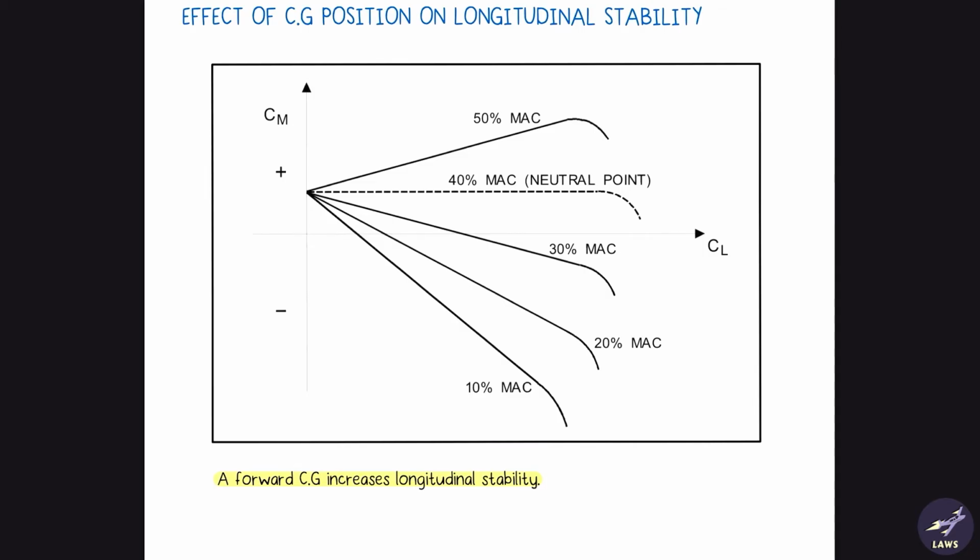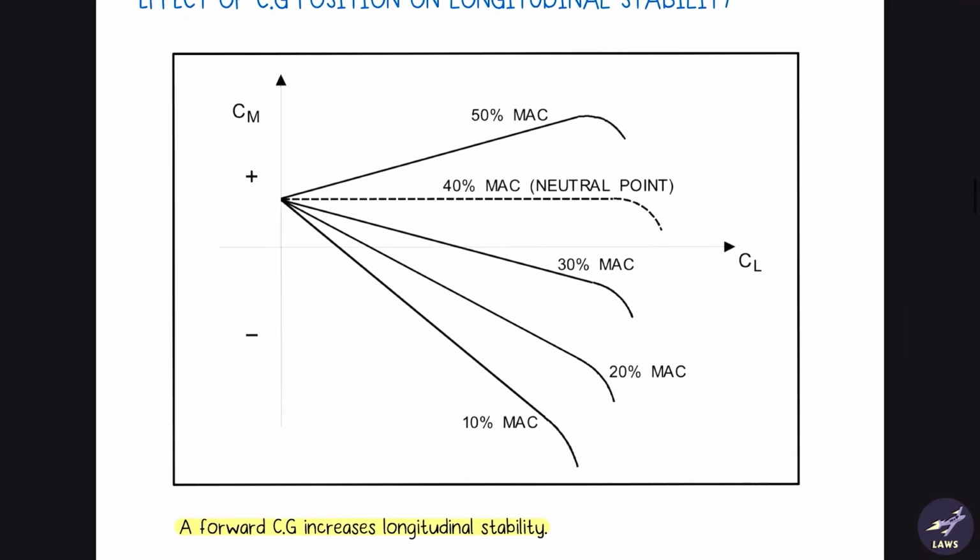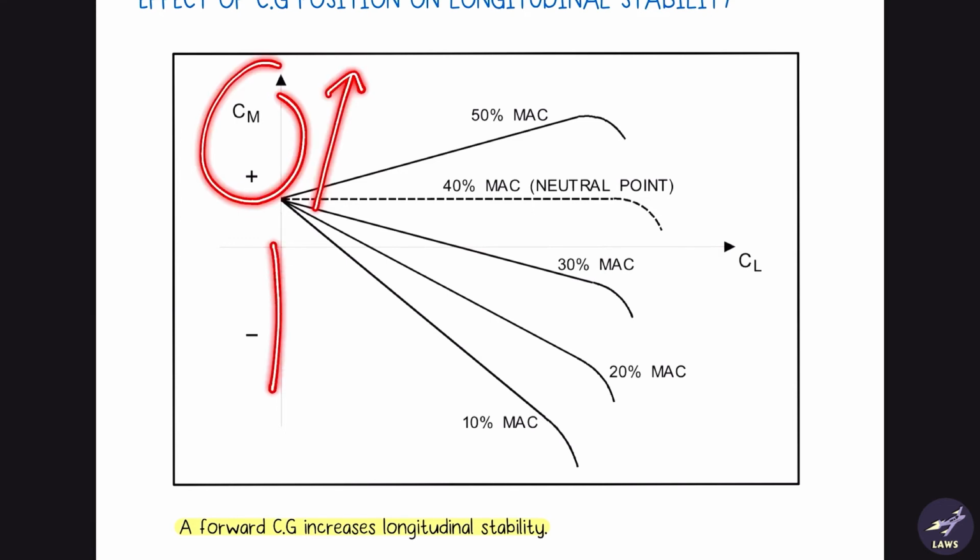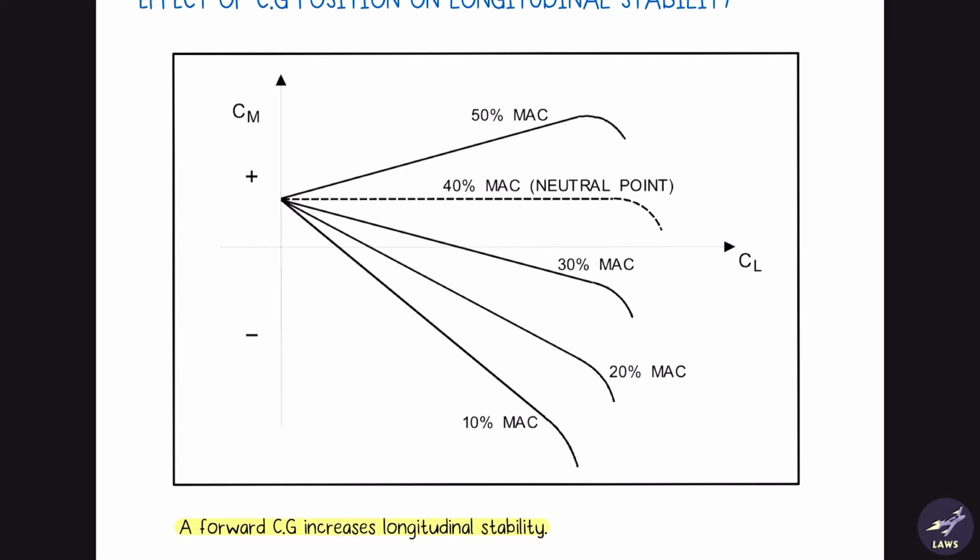So next we have the effect of CG position on the longitudinal stability. So these are the pitching moments, nose up, nose down. In case of a gust coming from down, this provides a destabilizing moment, this provides a stabilizing moment. At 50% MAC, that is aft of the neutral point, the moment is destabilizing.